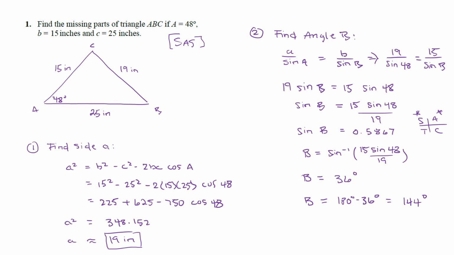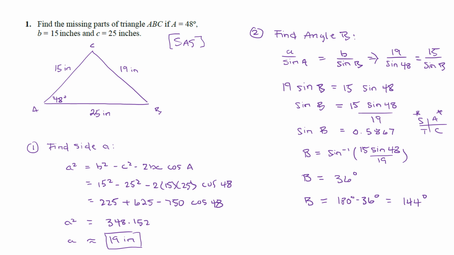Okay. Now you might stop and say, oh, I have two solutions for angle B. But since we have quite a bit of information already provided for us in our triangle, we can utilize that to help us determine whether both of these angles or only one of these angles works for our specific triangle.